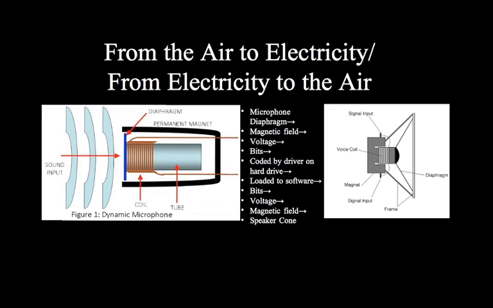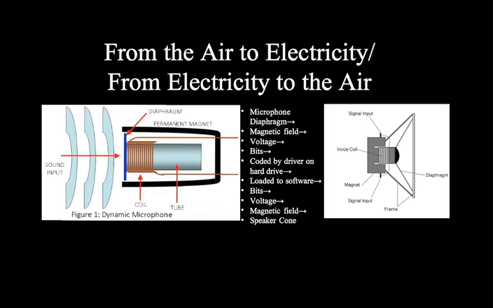That wiggle in voltage, which looks like, well, it's a waveform, gets turned into bits and bytes by the sound card or the analog to digital converter.